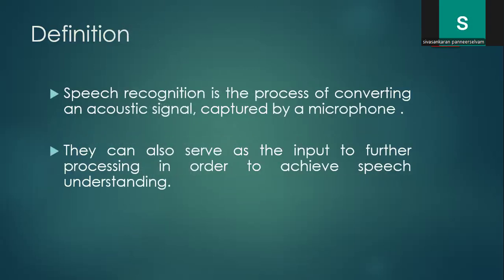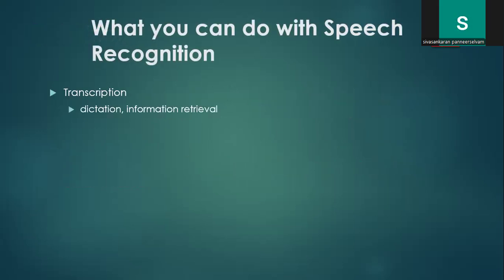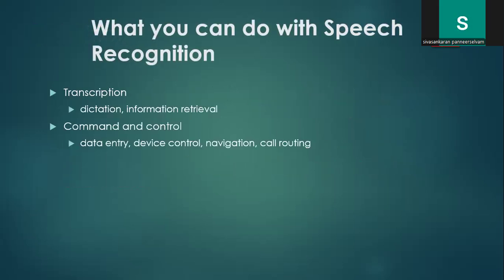What does the voice recognition system do? It works by sensing the acoustic signal, converting it with the help of the microphone. And this serves as a basic input for further understanding the instruction. What do you do with this voice assisted technology?